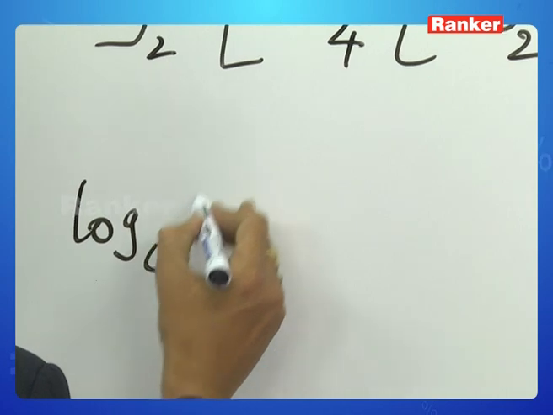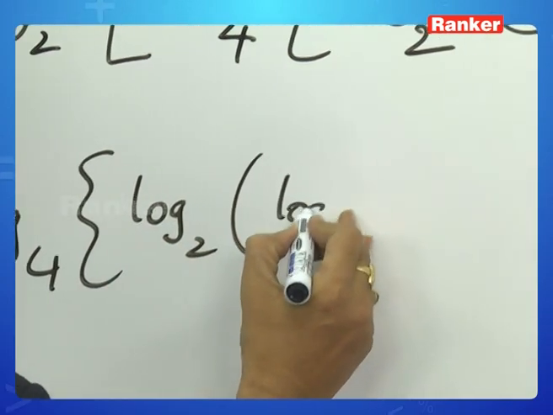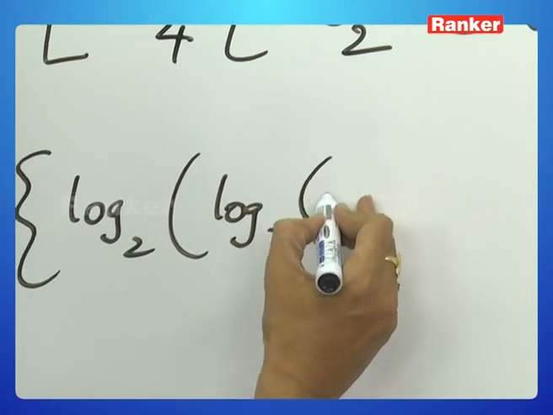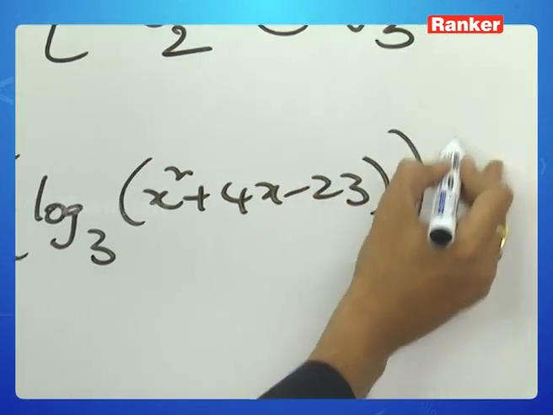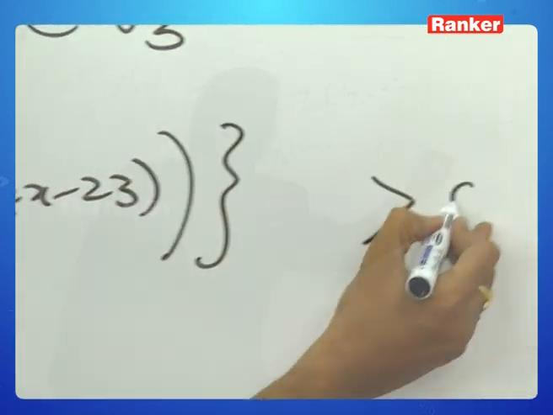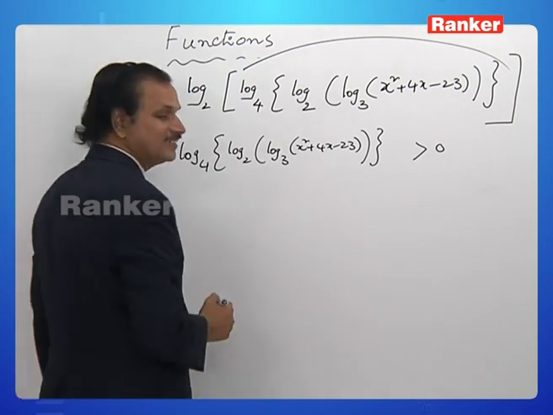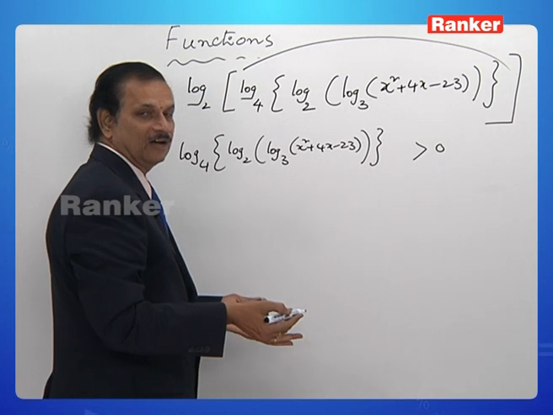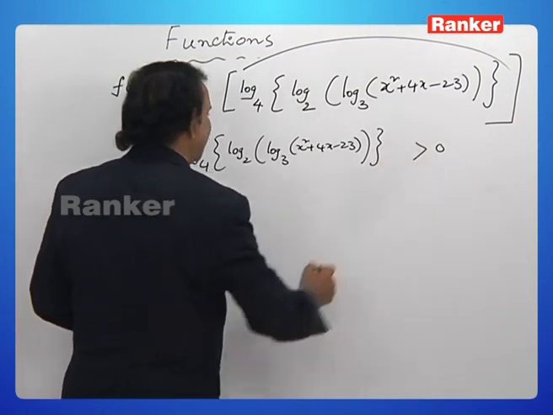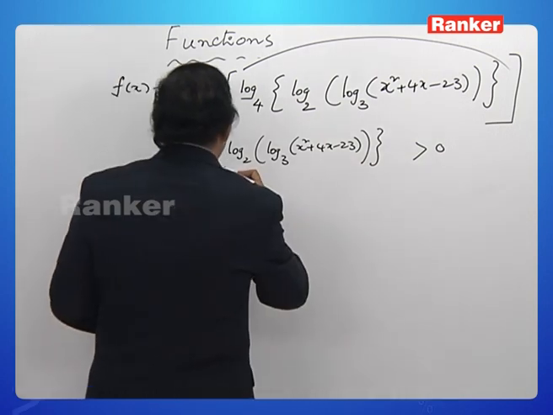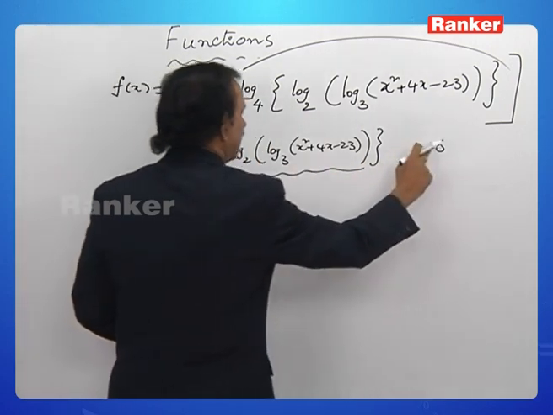Log to the base 4 of log to the base 2 of log to the base 3 of x squared plus 4x minus 23 is greater than 0. Now, all these bases are greater than 1. Logarithmic function is an increasing function. This 0 you can write as log 1, or otherwise, this is greater than 4 power 0.